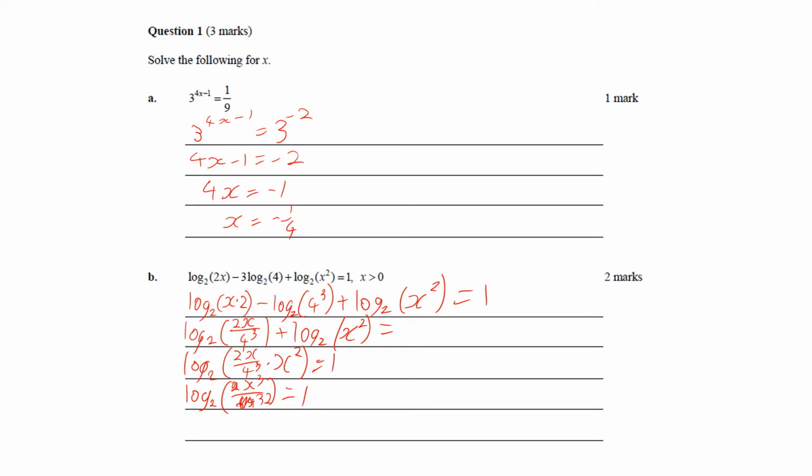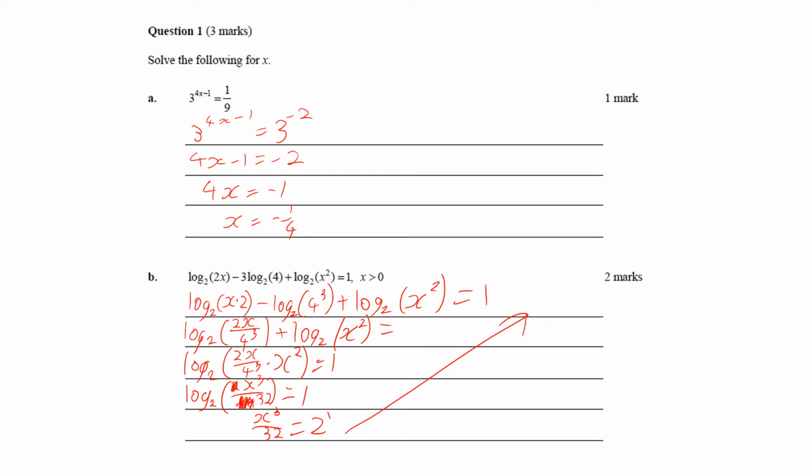So now I've done this, I need to get rid of my logarithm because it's all together in this nice single log base 2. So to get rid of a log base 2, I do 2 to the power of both sides. When I do that, I end up with x cubed over 32 is going to be equal to 2 to the power of 1. 2 to the power of 1 is just 2. I'm going to shift over to here so I've got a bit more space.